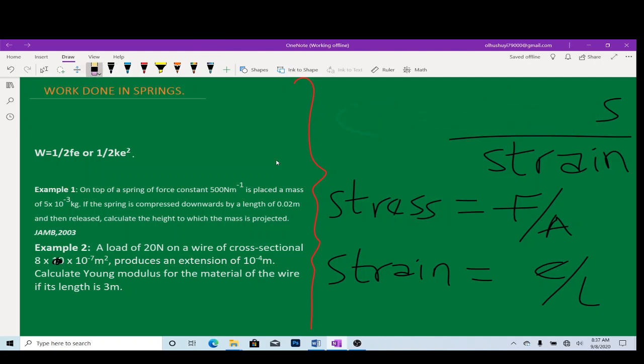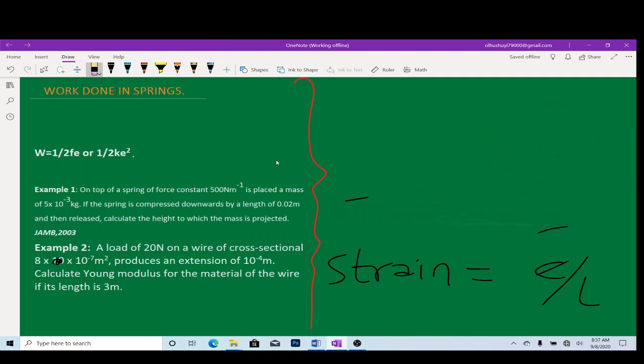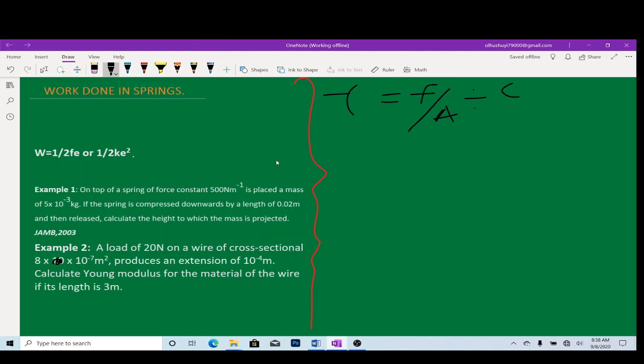So let's go. What do we have now? Let me just rewrite that. Young modulus is F over A divided by extension over length. By the time this changes to multiplication, you have length over extension.